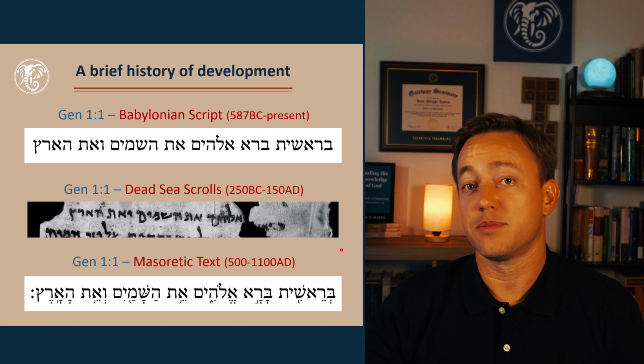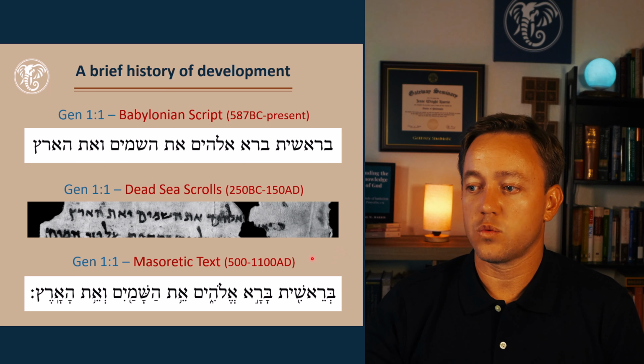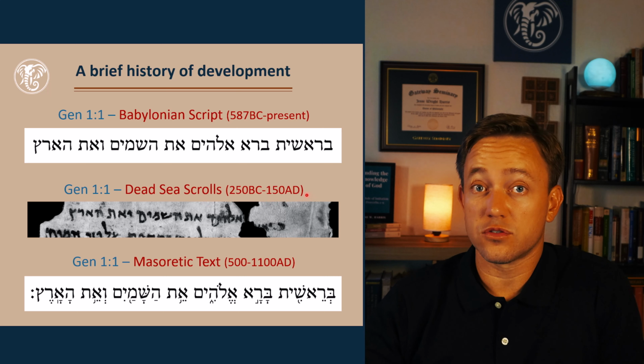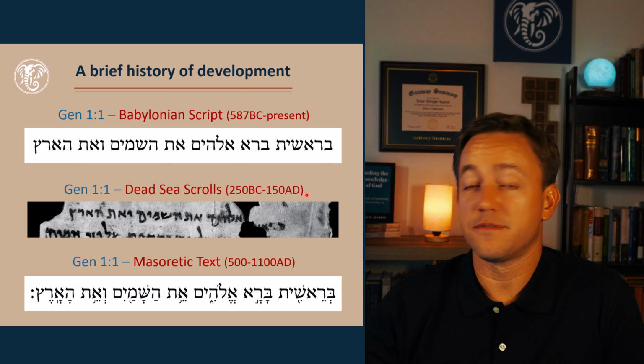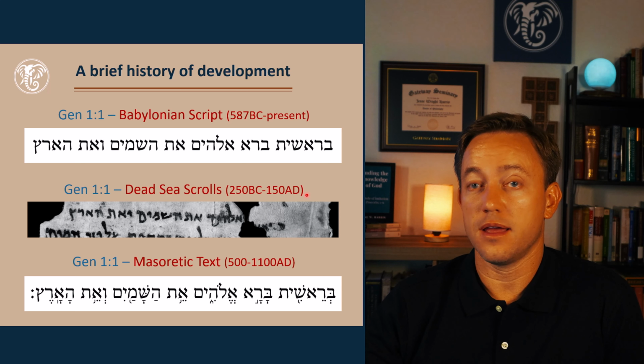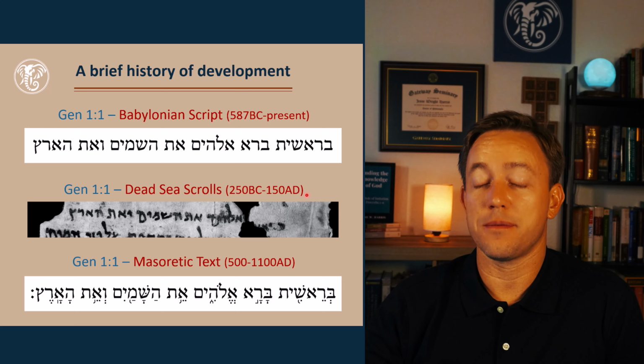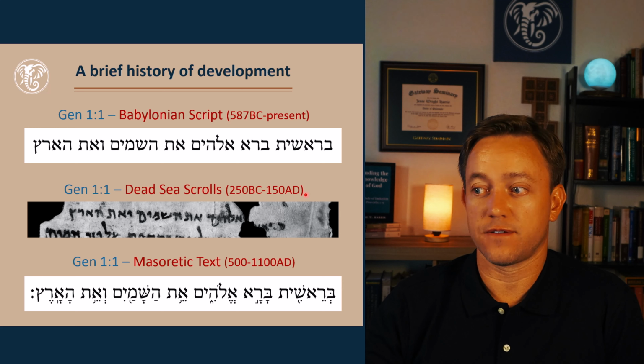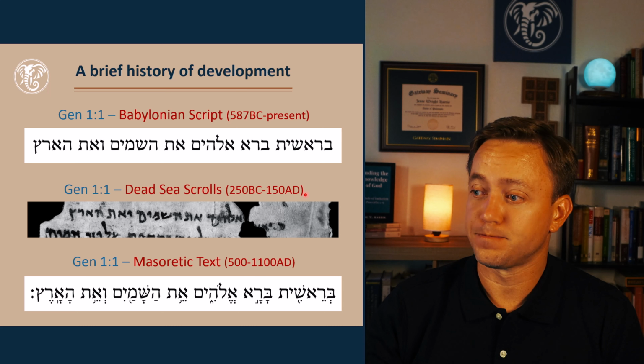Now, interestingly, between that period is when we find the Dead Sea Scrolls. It's hard to emphasize how important and impactful this find was for the study of the Hebrew Bible.